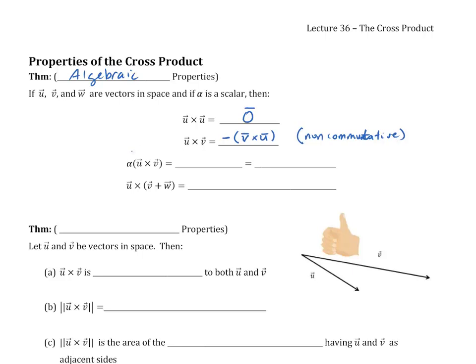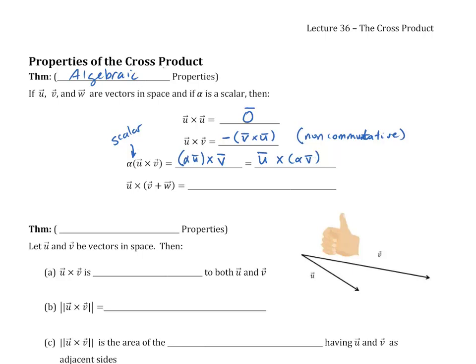If you do a scalar multiple of a cross product, you can do a scalar multiple of the first vector and cross it with the second, or you can do a scalar multiple of the second vector and cross it with the first, again maintaining the order, first cross with the scalar multiple of the second.